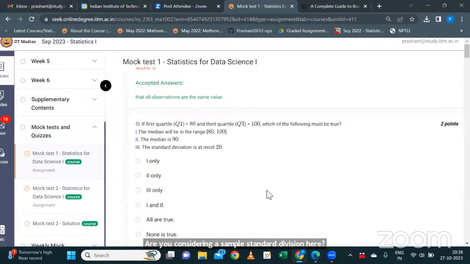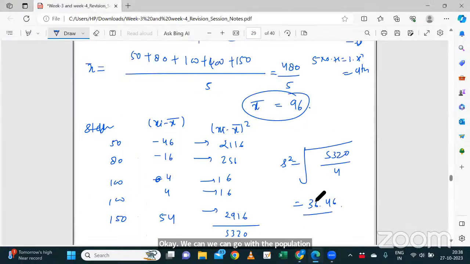We can do population also, no problem. It's not compulsory; it doesn't matter. We can go with the population standard deviation itself. I got 36.46.